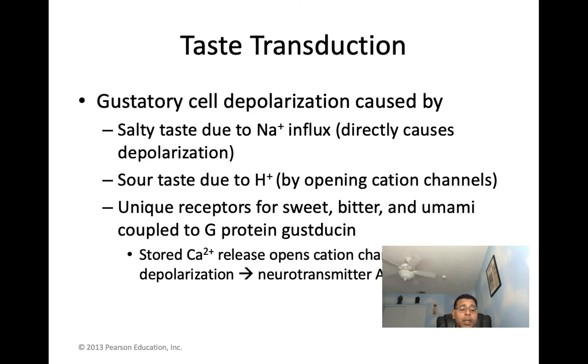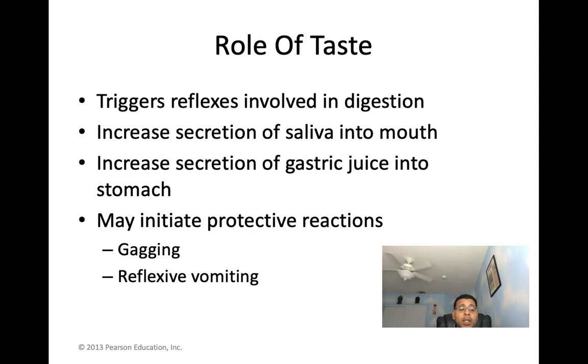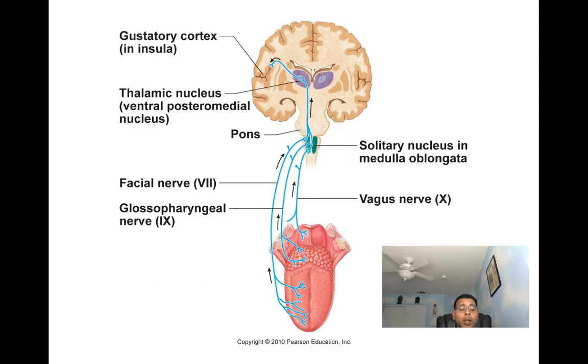Now, when we talk about the gustatory pathway, we'll see afferent fibers are going to carry taste information from the tongue to the brain primarily by 2 cranial nerve pairs. A branch of the facial nerve, cranial nerve number 7, specifically speaking, the chorda tympani, transmits from the anterior 2/3 of the tongue, and the glossopharyngeal nerve, or cranial nerve number 9, is going to service the posterior 1/3 of the tongue and the pharynx.